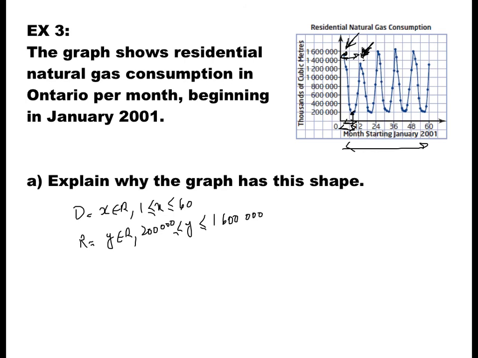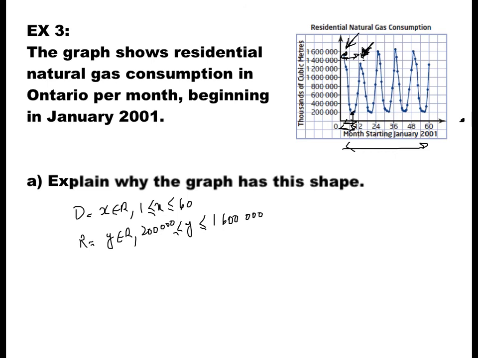Now, the next question was, we have to explain how we can use the graph to estimate the natural gas consumption in February 2011. Since 2011 is off the chart and it's going to fall somewhere around here, but we know that this is almost a periodic function, not exactly a periodic function, what we can do is find the gas consumption in February for 60 months, okay? And then we can just take the average of all those gas consumptions. So this means the following.